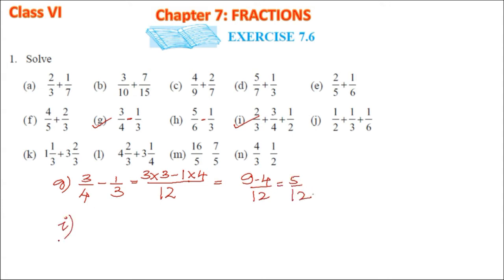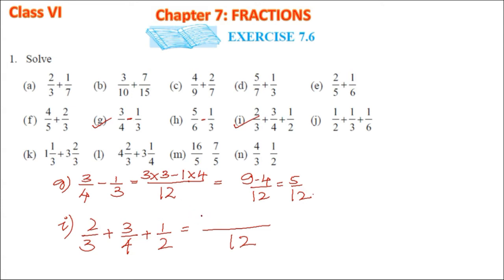Now in I, we have got three different numbers, 2 by 3, 3 by 4, 1 by 2. When we take the LCM of these three numbers, the LCM is 12. Since 12 is there in the denominator, to make these denominators 12, we need to multiply 4 for the first one, 3 for the second, and 6 for the third.